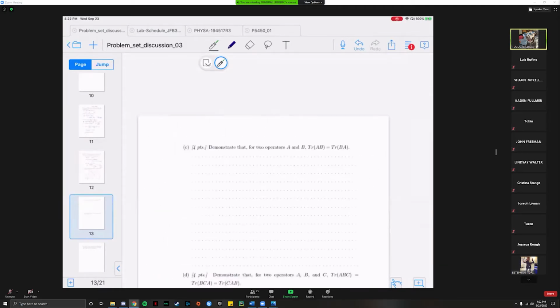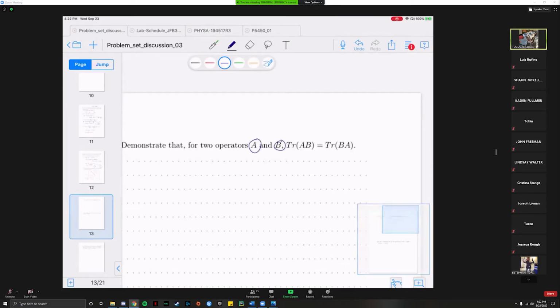You see that you're told here about 2 operators, A and B. These operators exist independently from your choice of a basis. Then when calculating the trace of AB, maybe you may use a basis.